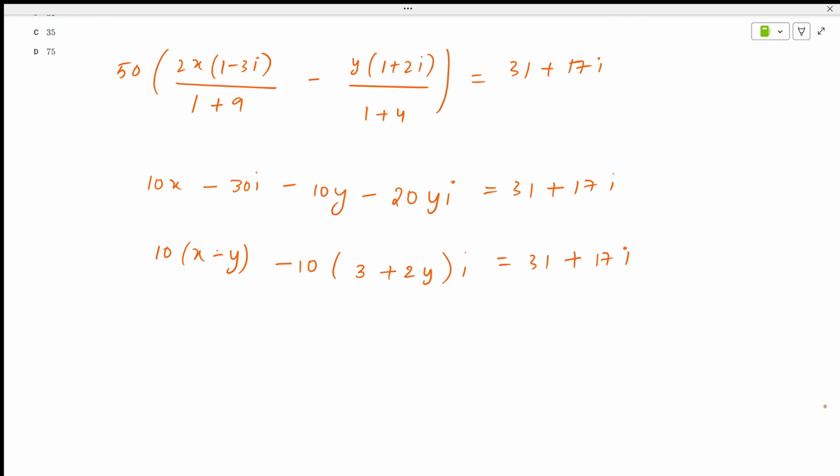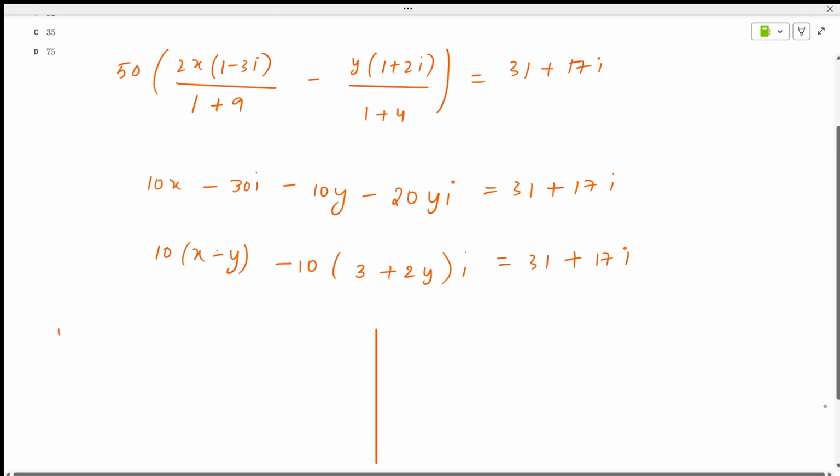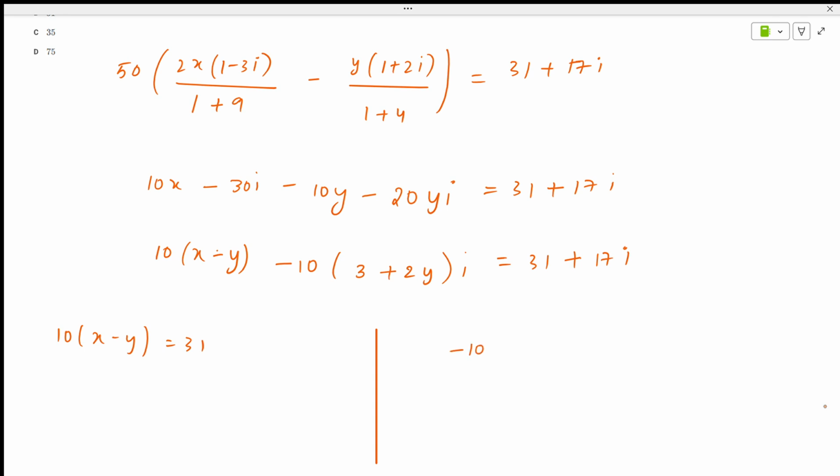From this you'll get two equations. One is 10 of (x minus y) is equal to 31, and minus 10 of (3x plus 2y) equal to 17. So x minus y is equal to 3.1, and 3x plus 2y is equal to minus 1.7.